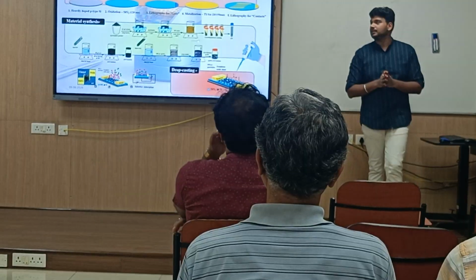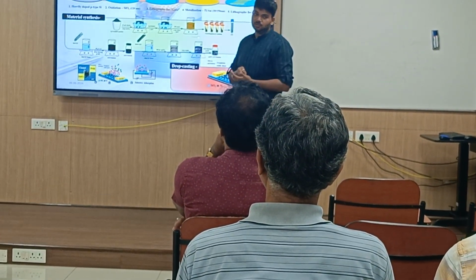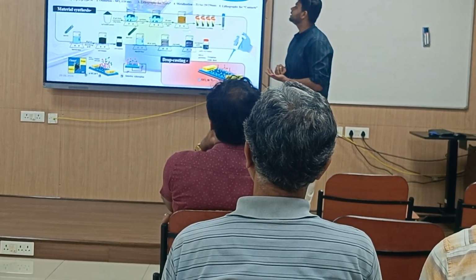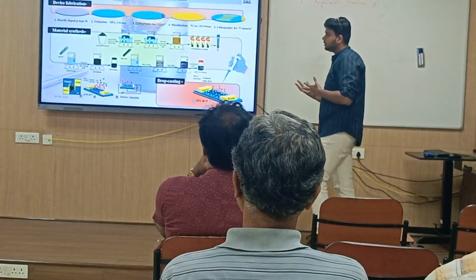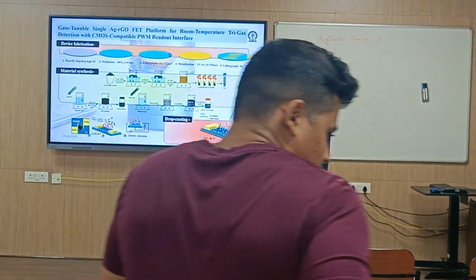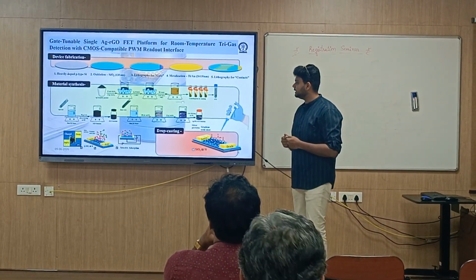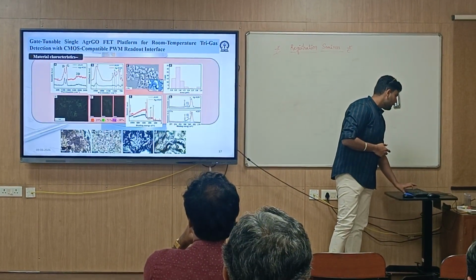First is device fabrication. Basically, we take heavily doped silicon and oxidize it, growing 122 nanometer SiO2, then lithography, metallization, and then contacts. And this is Hummers' method, by which GO and RGO can be synthesized. There is nothing unusual in it.